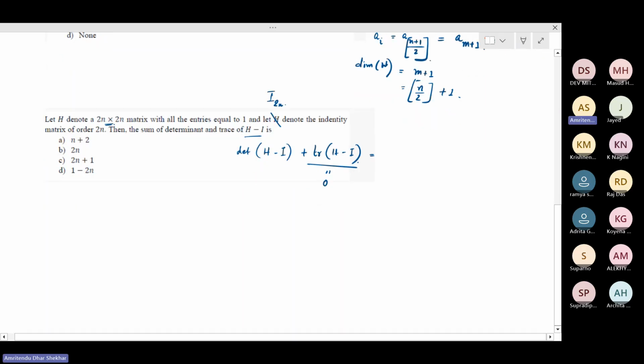And when it comes to the determinant part, the determinant will have the diagonals all equal to 0, and all the rest of the elements will be equal to 1. You can proceed by induction on n, basically.